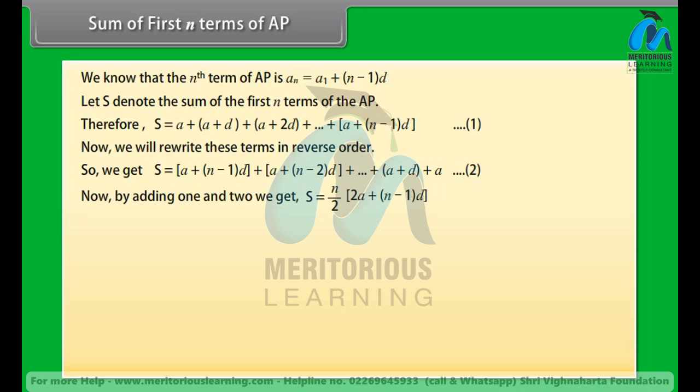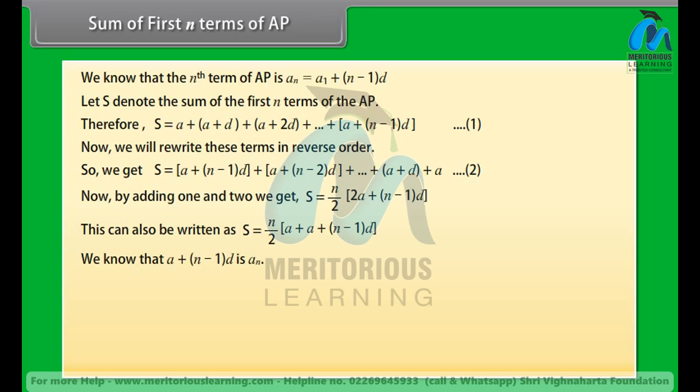Now by adding equations 1 and 2 we get S is equal to n upon 2 into (2a plus (n minus 1) into d). This is the sum of first n terms of AP. This can also be written as, we know that a plus (n minus 1)d is an. So S becomes n upon 2 into (a plus an).